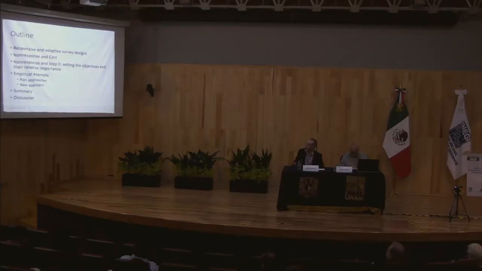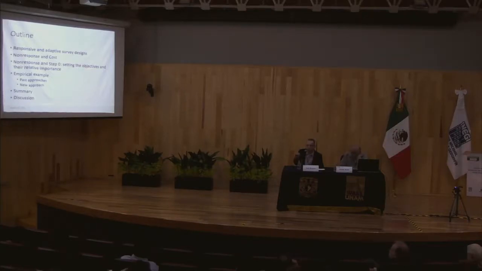So here's a quick outline. I'll do my best in a very short time. I know Barry, Shelton, and James Wagner and I have all-day courses on just laying out what an adaptive survey design is. We'll have to do that in about 5 minutes. Then non-response and cost, and a presentation on that.